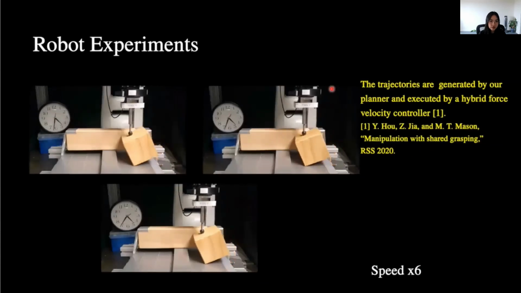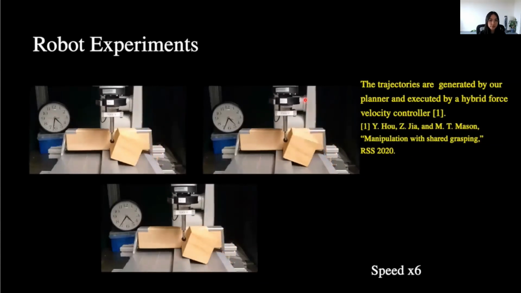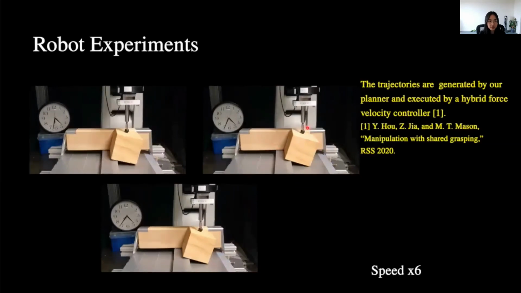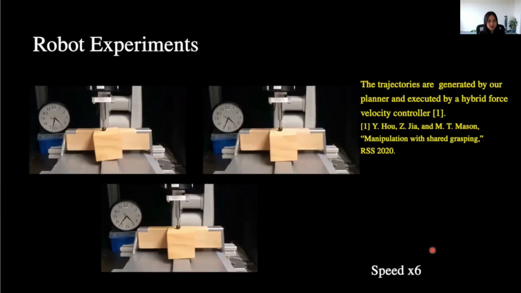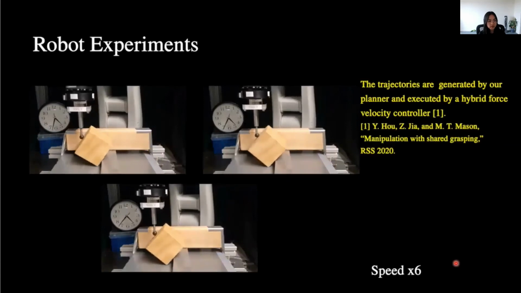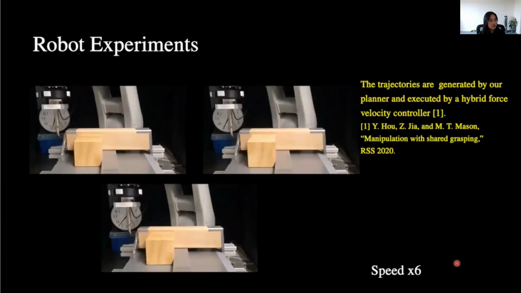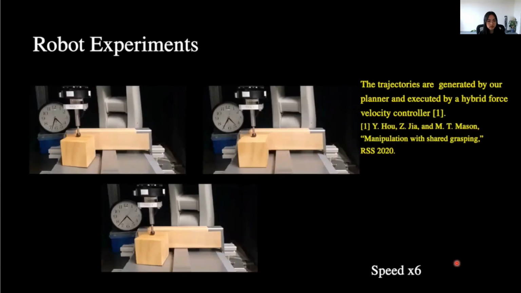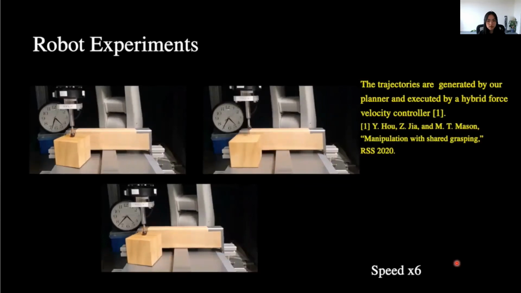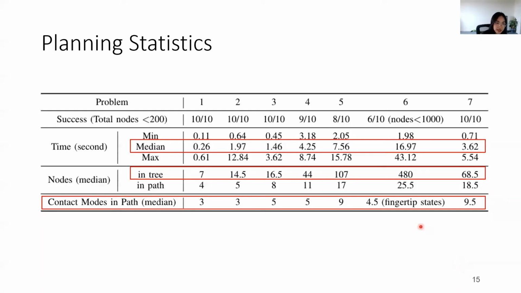We can see that dexterous manipulation can be achieved by a really, really simple manipulator. And here are the planning statistics. For most tasks, the plan can be generated within a few seconds, with small numbers of tree nodes, and it can plan many contact changes in the path.